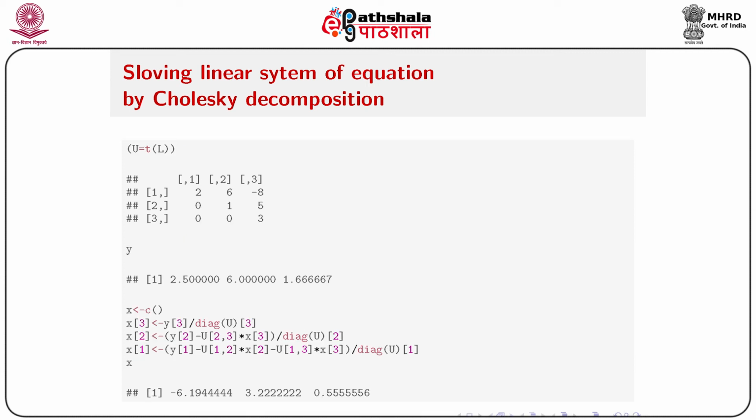Next we will say U equals to t of the transpose of L, and now y is already there, so we can solve x in the same way that we did earlier by the back substitution method. x3 equals to y3 by diagonal u3, x2 equals to y2 minus u23 into x3 divided by diagonal u2, x1 equals to y1 minus u12 into x2 minus u13 into x3 divided by diagonal u1, and that will give you the solution x.